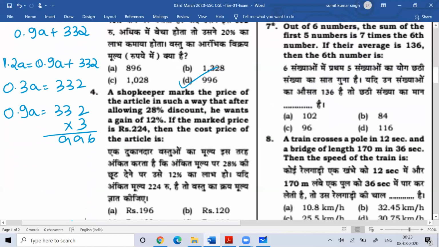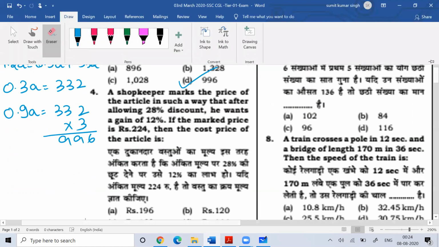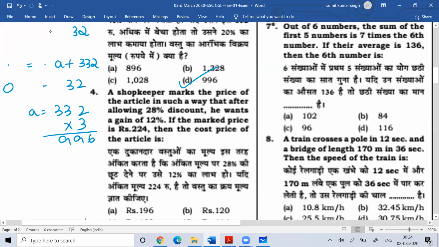Now you see question number 4. A shopkeeper marks the price of an article in such a way that after giving a discount of 28%, he wants to gain 12%. If the marked price is 224, what is the cost price of the article? Let me erase this.